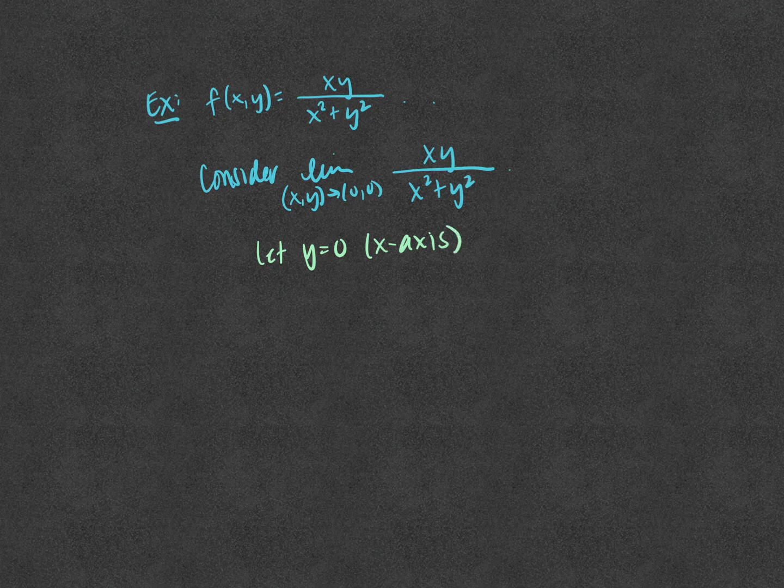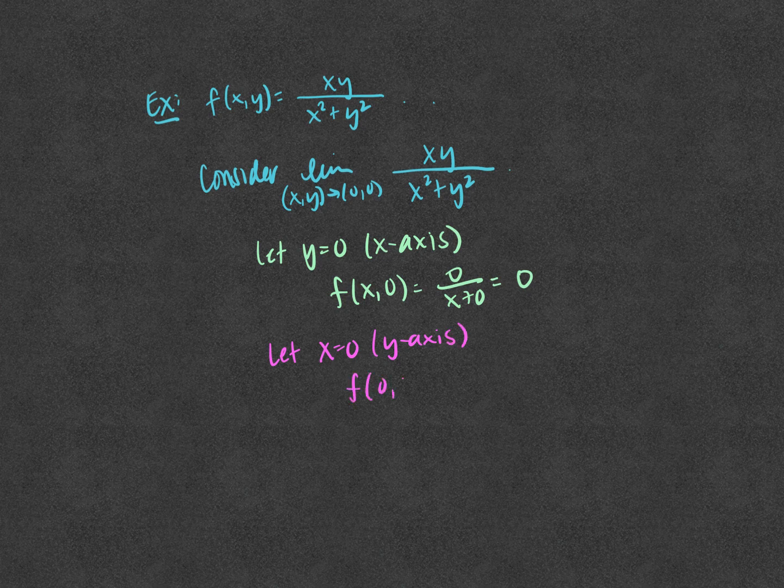So when we do, we have f of (x, 0) equals 0 over x squared plus 0, and 0 over anything is 0. And then let's look at the y-axis. We're going to say let x equal 0. So we have (0, y), and we get 0 over 0 plus y squared, which is 0. But the limit does not exist. So that means we need to look at a different path.